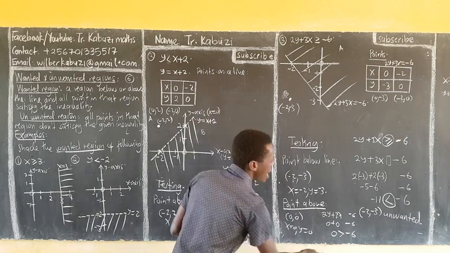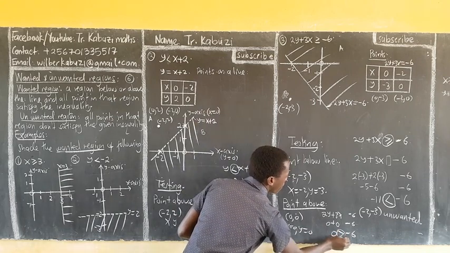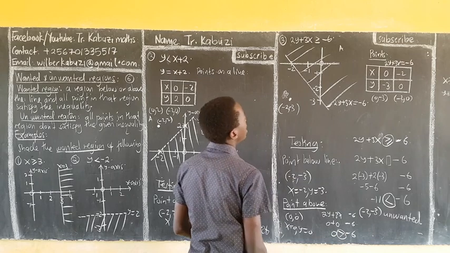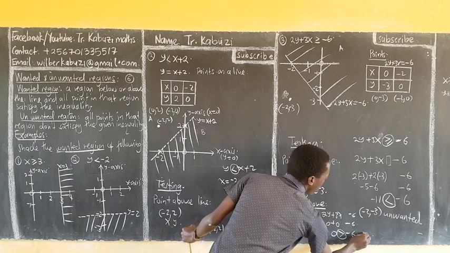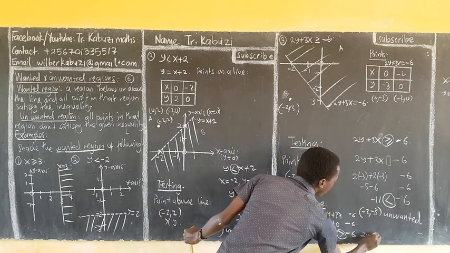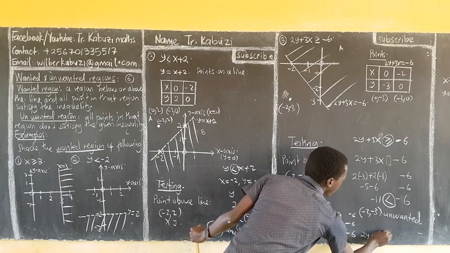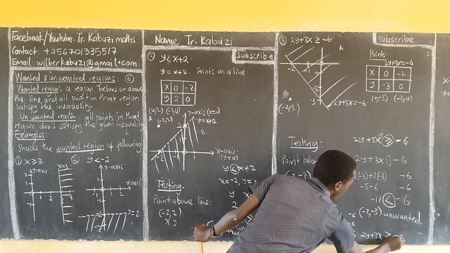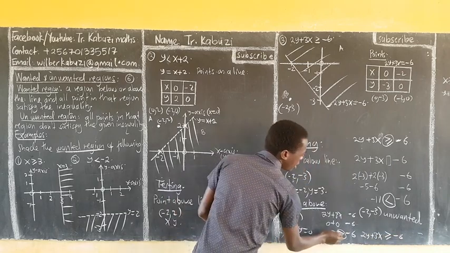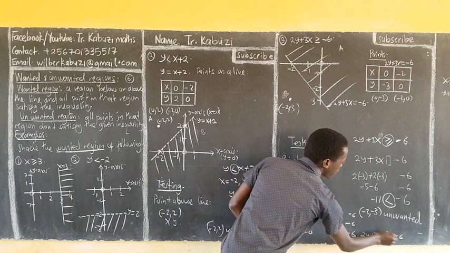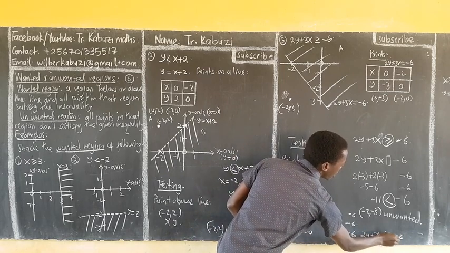Now this side is going to have the same sign. It's going to correspond with the sign in 2y plus 3x greater or equal to negative 6. Why? Because this one is greater and this one has a possibility of greater. I think you can see it there.